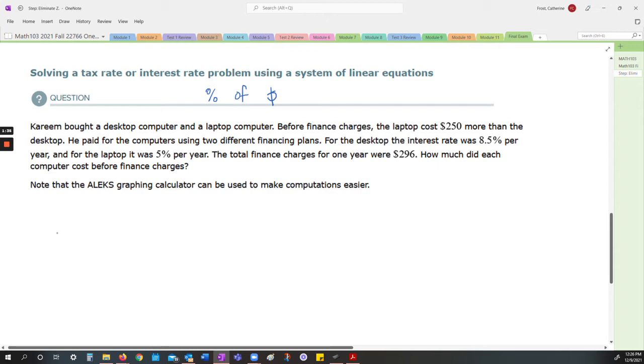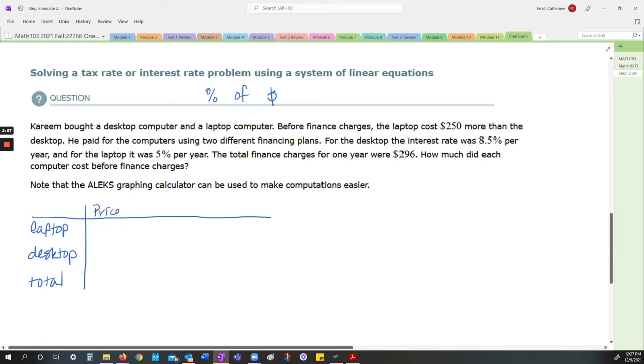So we've got the two different quantities or accounts, the laptop and the desktop. And then they do have things about total, so I'm going to have a third row for the total. And then my three columns, so it's always a 3x3 table with these. My three columns are going to be the base price, before finance charges, so I'll just say the price.